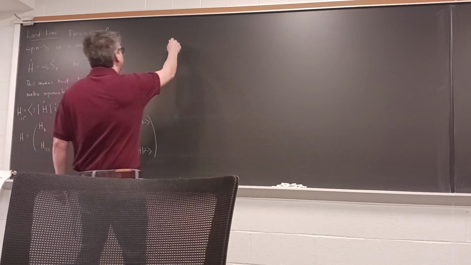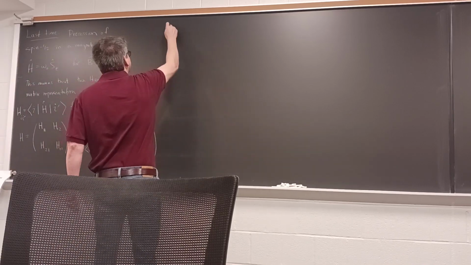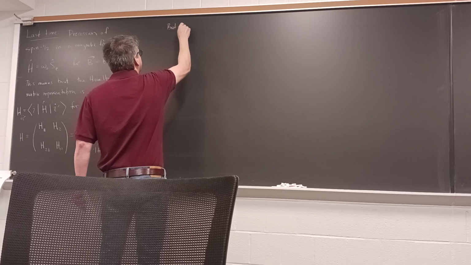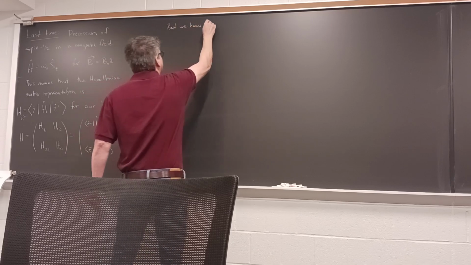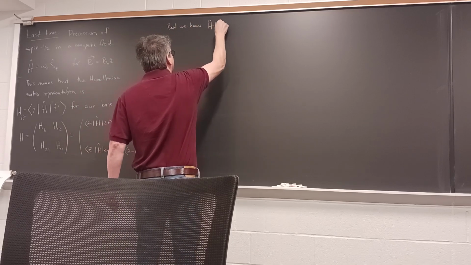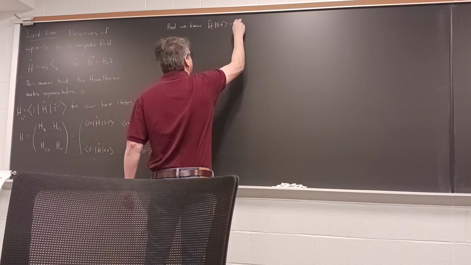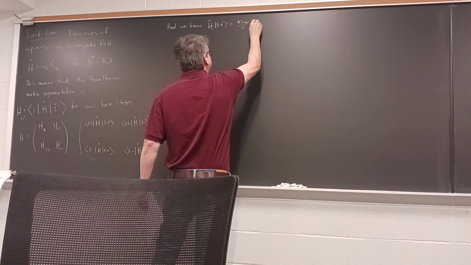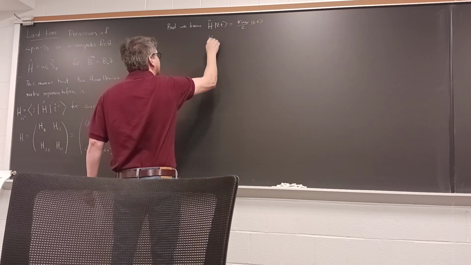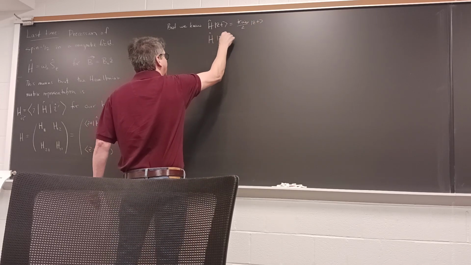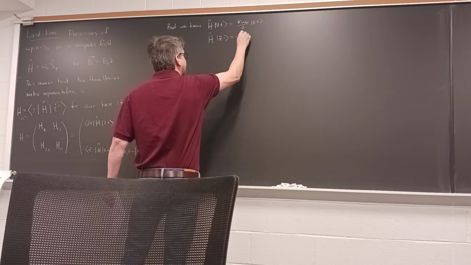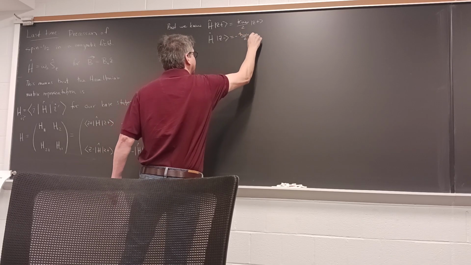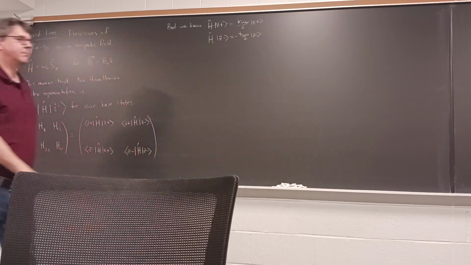But we know that H on Z plus was H bar omega 0 over 2 Z plus, and H on Z minus was minus H bar omega 0 over 2 Z minus.